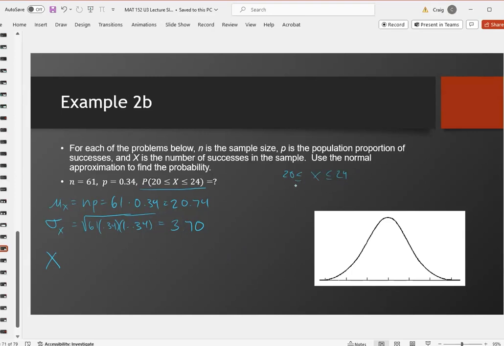Anything that's about 19.5 or above is going to round to 20, and anything that goes up to 24.5 is going to round to 24. If we're assuming these discrete numbers are continuous, then we have to think about how we're going to wind up rounding them. That explains the continuity correction.